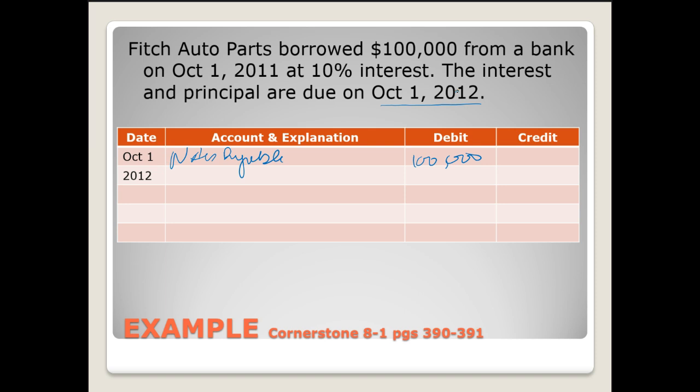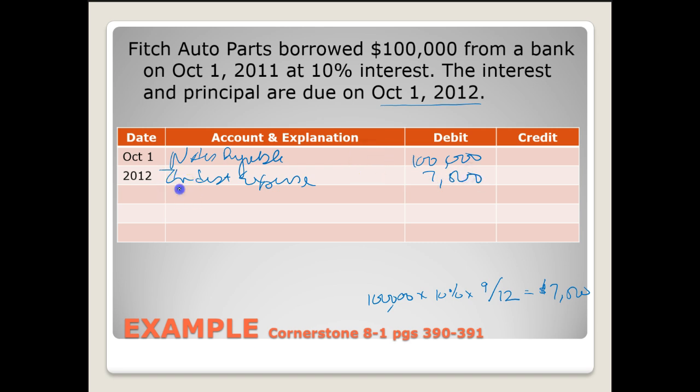Those 9 months of interest would have been figured out at $100,000 of principal times 10% interest times 9 divided by 12. That actually comes out to $7,500 worth of interest expense that would have occurred during the year 2012.